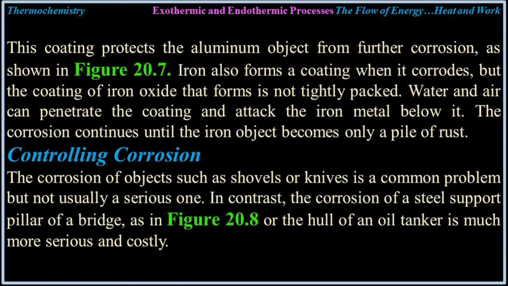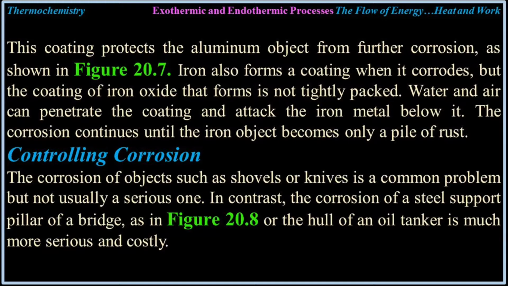This coating protects the aluminum object from further corrosion as shown in figure 20.7. Iron also forms a coating when it corrodes, but the coating of iron oxide that forms is not tightly packed. Water and air can penetrate the coating and attack the iron metal below it. The corrosion continues until the iron object becomes a pile of rust. Controlling corrosion.